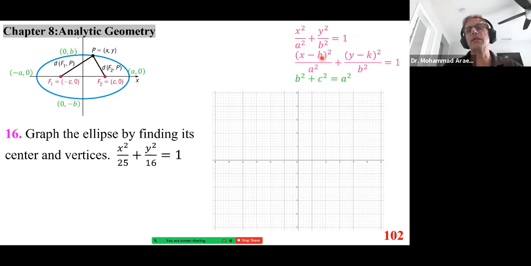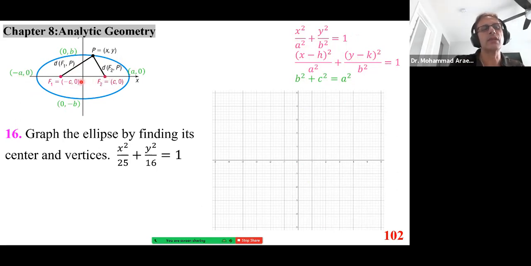If it's centered at something else, let's say (h, k), we put (x minus h) quantity squared over a squared plus (y minus k) quantity squared over b squared equals 1. What I want to explain is ultimately using a concept similar to the Pythagorean theorem. The largest one is always by itself.